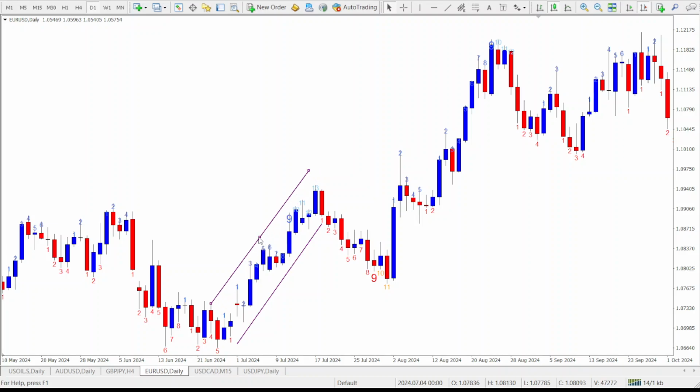You can see that when we had a bullish move, the numbers were in blue color. After the first candlestick has been identified in a buy trend, perhaps after you have the first number and the second number, when the second number forms, look at any possible reversal candlestick pattern or any chart pattern that could confirm the direction of the trend.